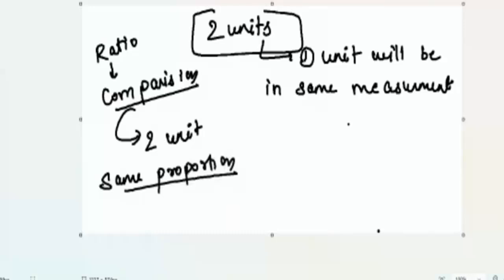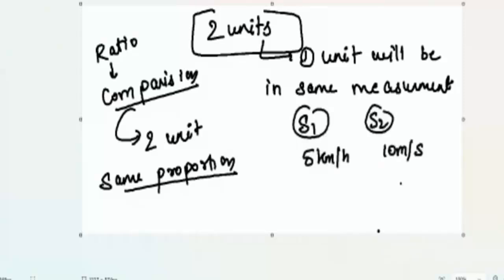So let's move on to the example we were discussing, 5 kilometer per hour and 10 meter per second. What do I have to do first? I have to convert kilometer per hour into meter per second, or it's my wish to convert meter per second into kilometer per hour, correct?